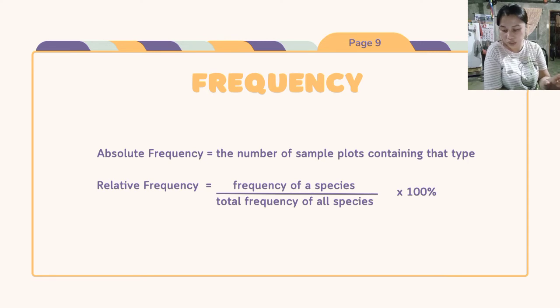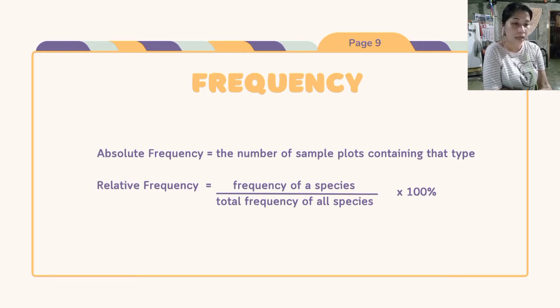frequency in the most general sense is defined as the number of times an event happens per unit of time. In botany and agriculture, however, specifically in weed science, frequency means how often a species of weed occurs in a given area. Absolute frequency is the number of sample plots containing that type.